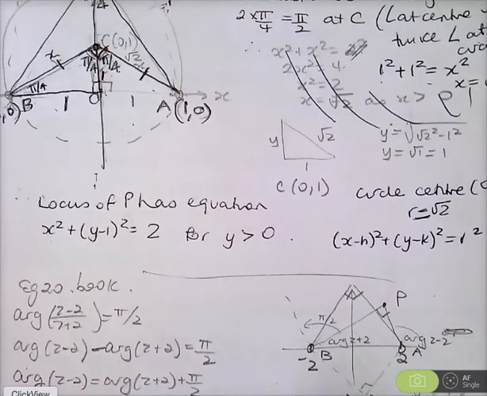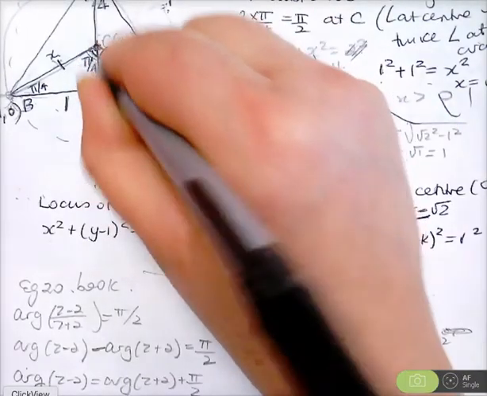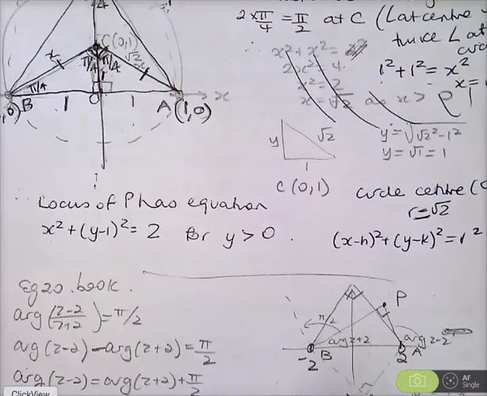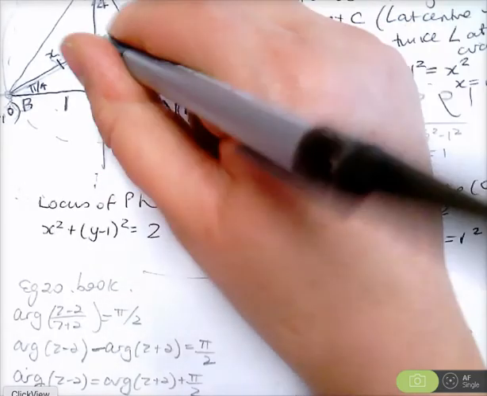C is the centre, right? Yeah. And A is 1, 0. So the distance from C to A is 1, from there to there is 1. It's just the coordinates. Your C is the centre 0, 1, because I've worked out that that is an isosceles triangle.